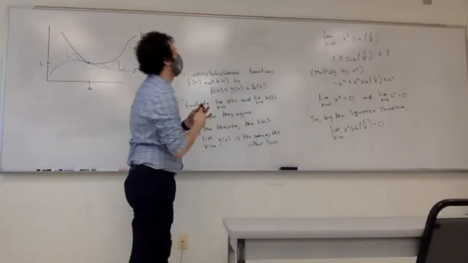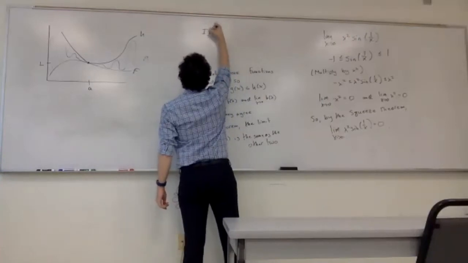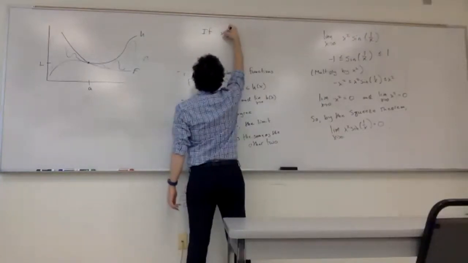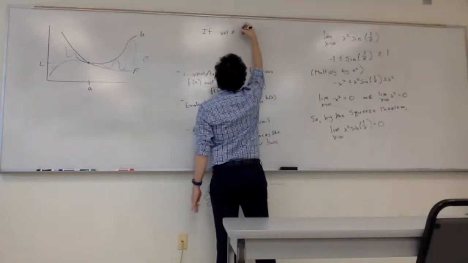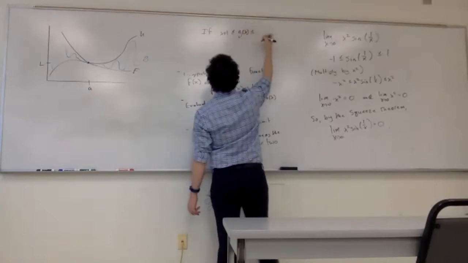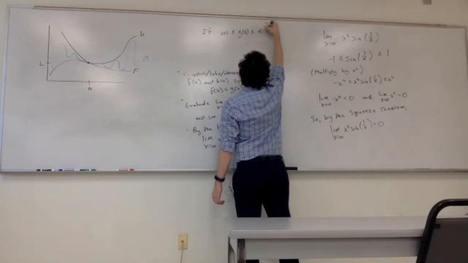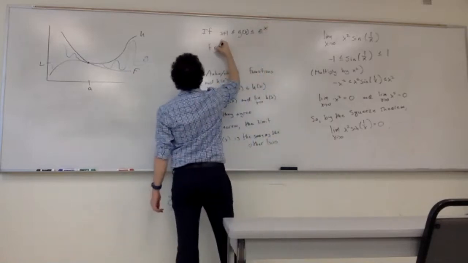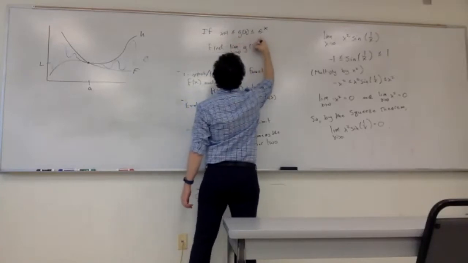If you were given some problem like, if x plus 1 is less than or equal to g of x is less than or equal to e to the x, find the limit as x goes to 0 of g of x.